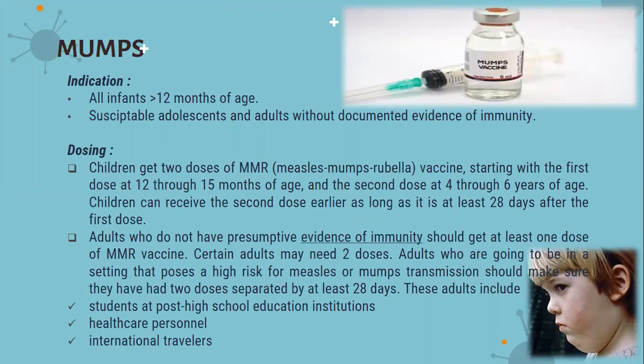So mumps vaccine indication: all infants more than 12 months of age. So pwede na sila mabaksinan or maka-avail ng vaccine. Susceptible adolescents and adults without documented evidence of immunity.